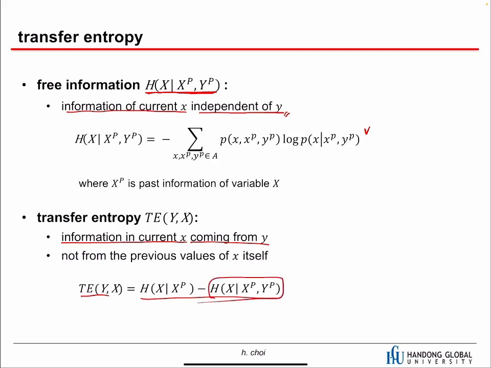As I said, this one means the amount of information of X when we know the past of X and Y. So by subtracting this part from this one, transfer entropy gives the amount of information of current X coming from Y. It's not from X itself. It's from Y.